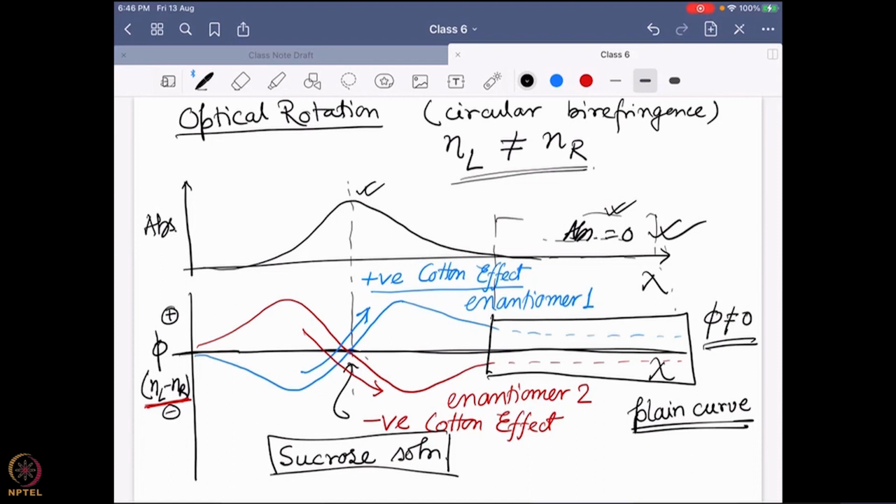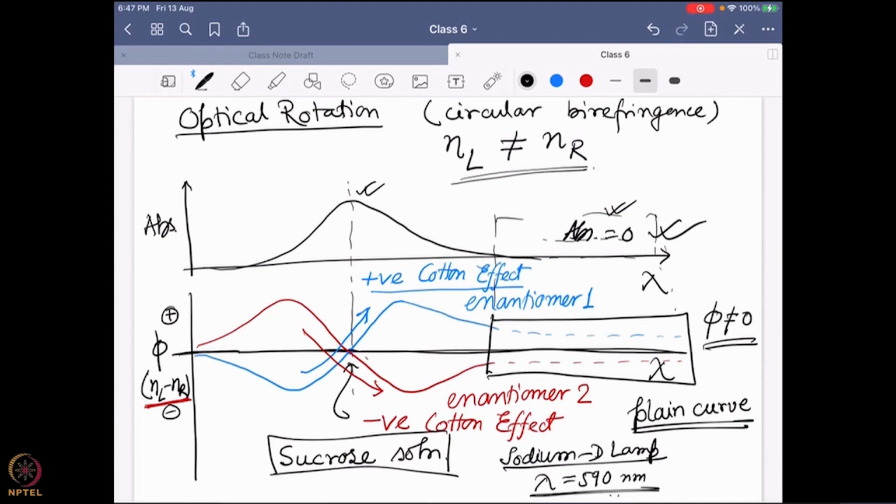If you remember, you put this sample in a glass sample tube in an optical rotation measurement system and then shine a light. That light is generally a sodium D lamp, and the wavelength we generally measure is around 590 nanometer.